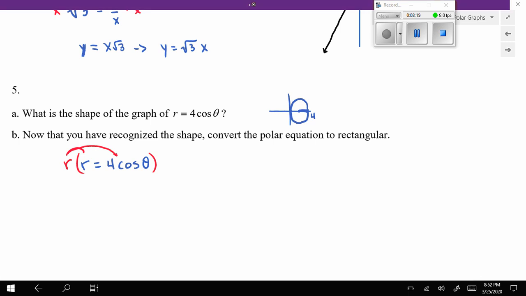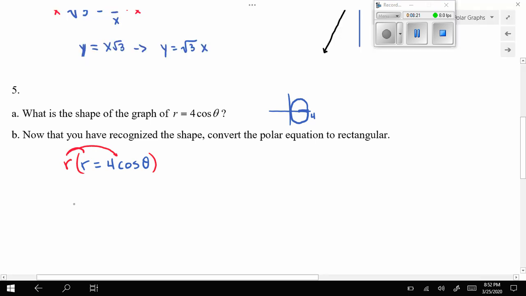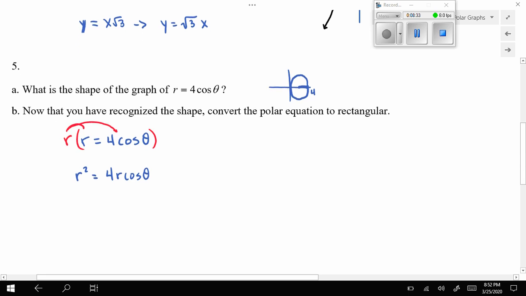So when I distribute that r in the left side, we get r squared. And then the right side, we get 4r cosine theta. Now, we already have r squared defined as x squared plus y squared. That's one of our conversion equations. And then for r cosine theta, well, that's just x, so it's 4x.